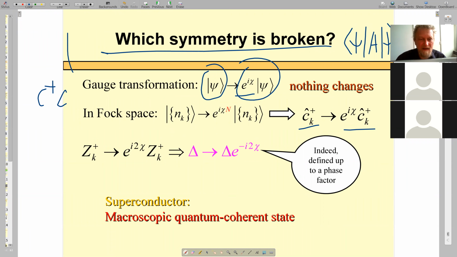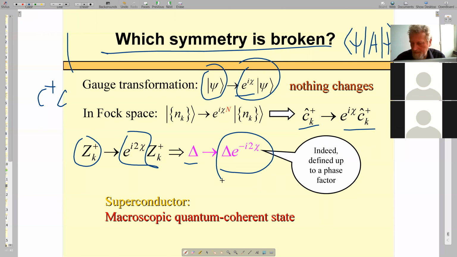Sure, but as we have seen, the operators of Cooper pairs also transform with this factor. We understood that superconductivity is characterized by this number delta. And you see, if you change the gauge, this delta changes.